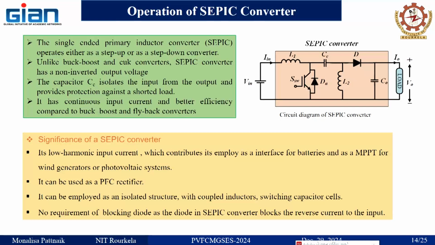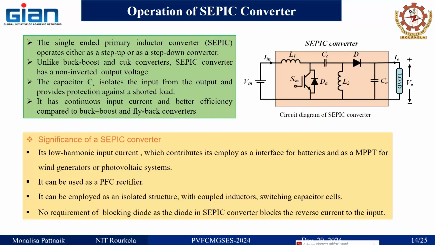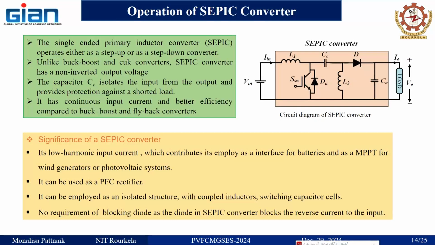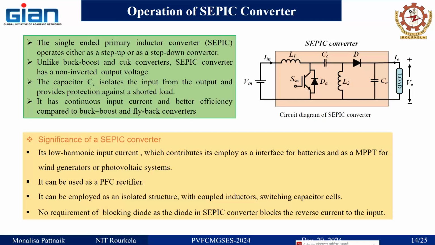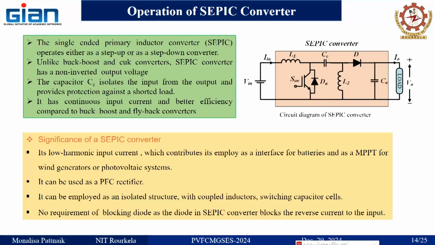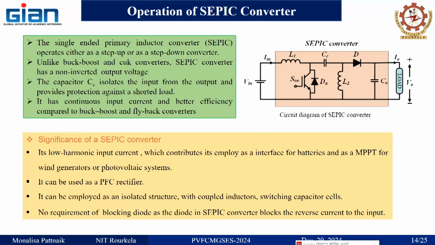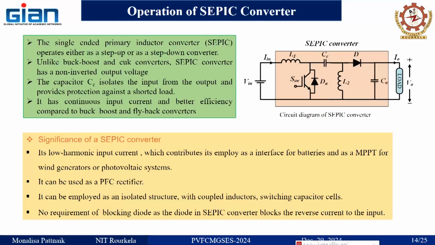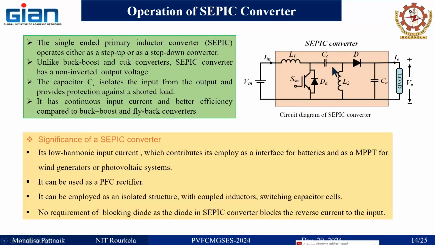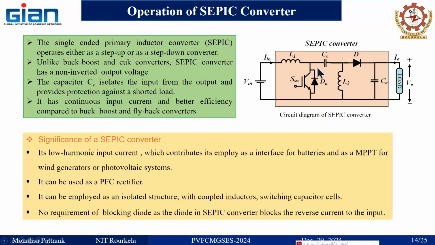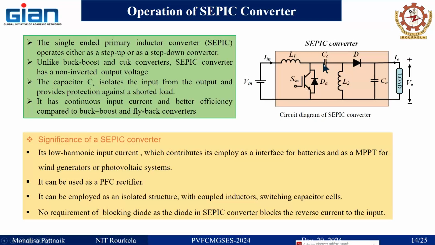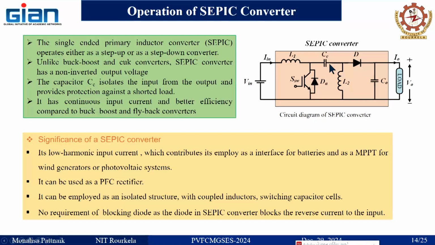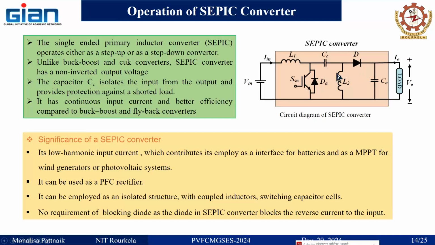SEPIC stands for single-ended primary inductor converter, where we add one extra inductor and one coupling capacitor. This coupling capacitor is placed between the input and output, so it provides isolation between them, which protects the input when the load is shorted.